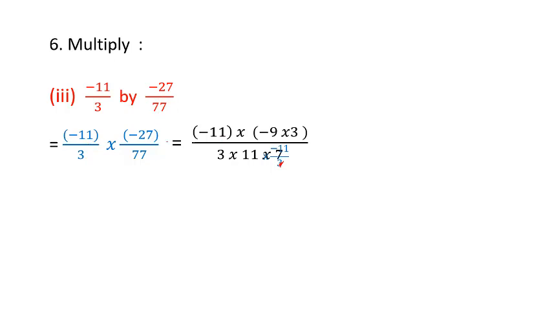So directly you can multiply minus 11 and break 27, 9 into 3, and in the denominator you have to break 3 and 7 into 11, or you can directly break 11 seven times, 3 nine times, negative into negative, positive 9, and divide by 7. Okay, do not forget the negative sign.